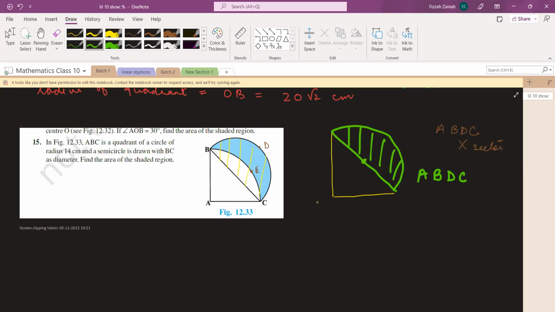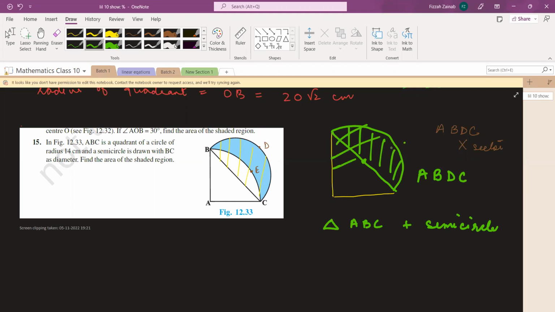See, what you can do here is, if you find this triangle, which is ABC, clear? And plus semicircle. Just try to understand. So you have got the complete area of this figure, clear?